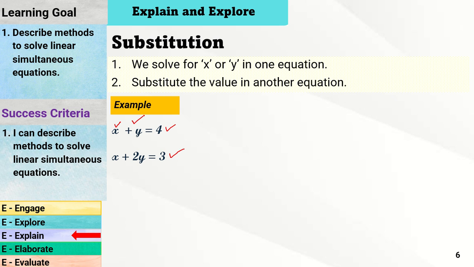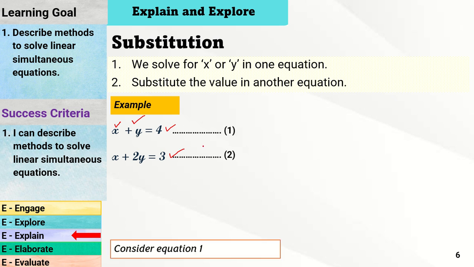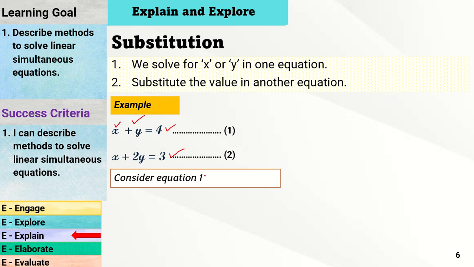What I'm doing now is considering equation number 1, which is x plus y equals 4, and solving it for x, which means y will come to the right hand side. What I will get? x equals 4 minus y, because plus y comes to the right hand side and becomes minus y. Now I have the value of x. So the first step is done.